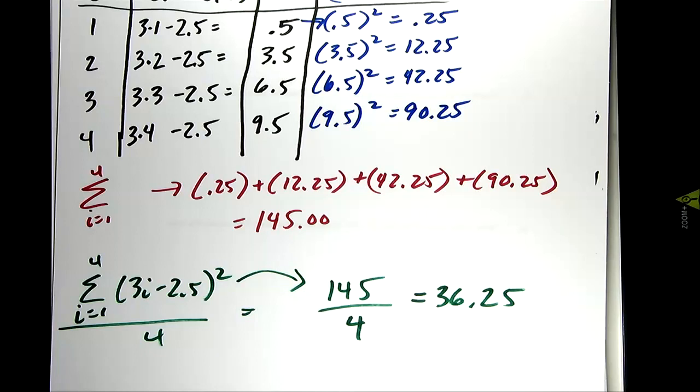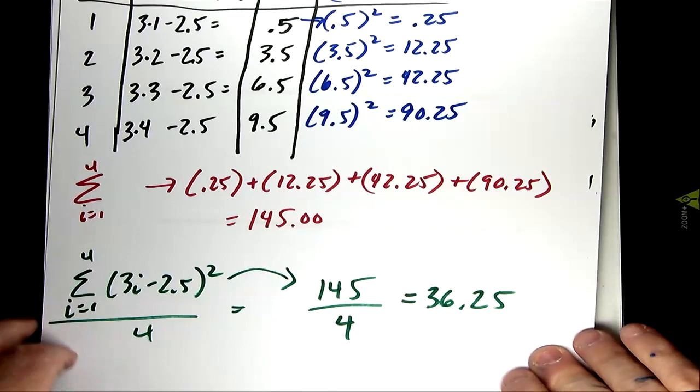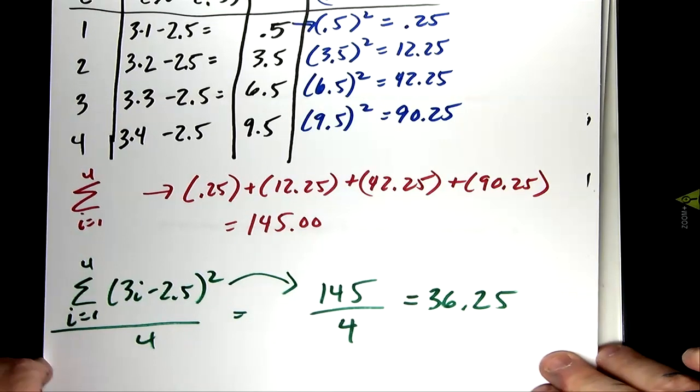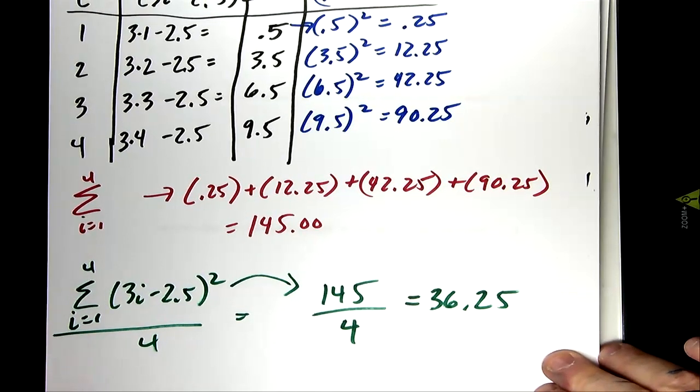I don't know what I added. I think I'm just adding it wrong. Oh, that's what I did. I was putting 9 instead of 9.5. Does anyone need this up longer? 36.25 is the answer. Yeah, 36.25.